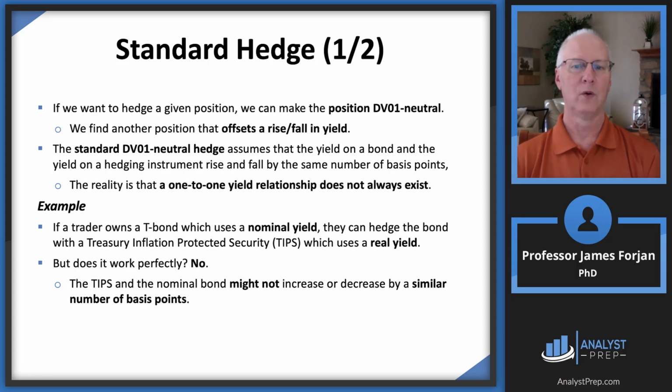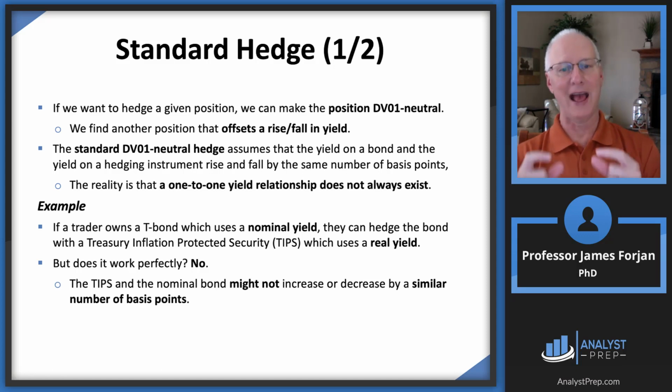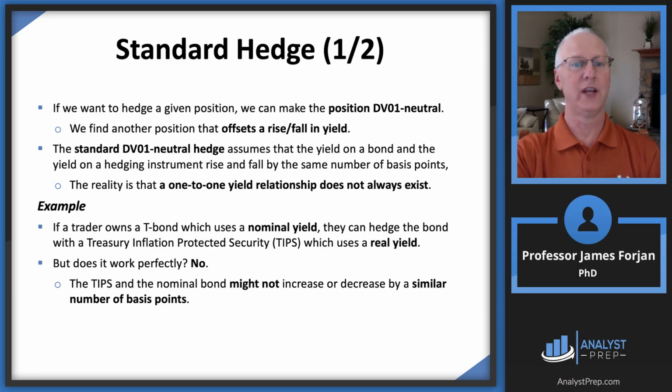So we're really going to be interested in what is that optimal hedge ratio, because what we want is the performance in that hedge asset to exactly offset the changes in the spot asset.